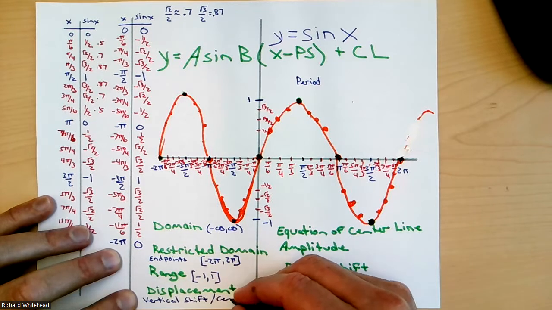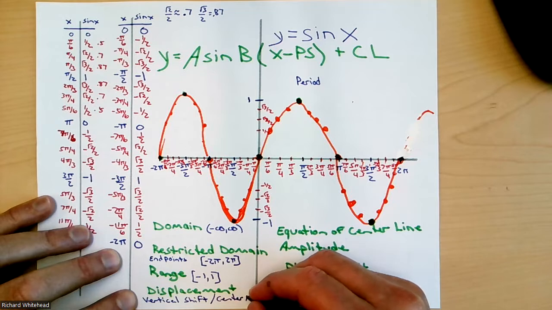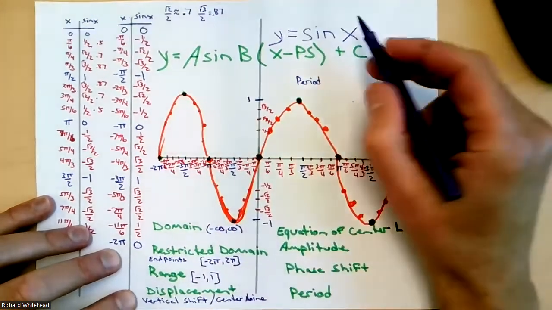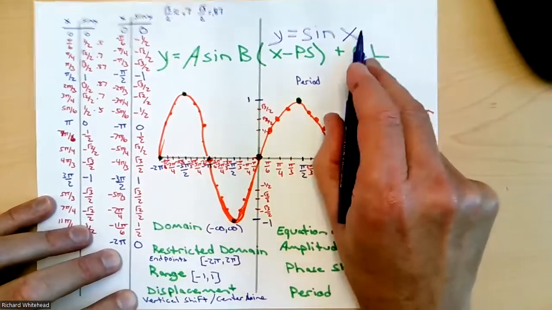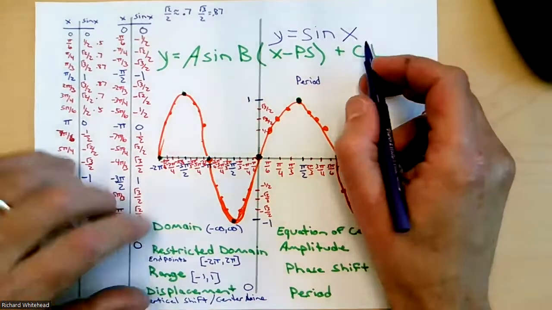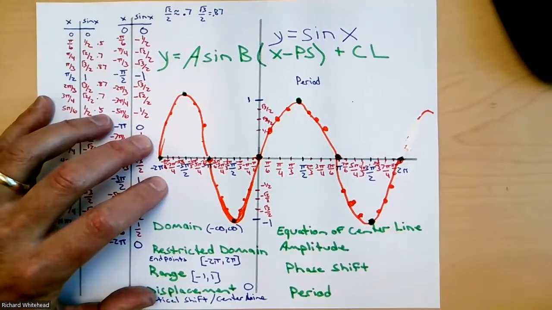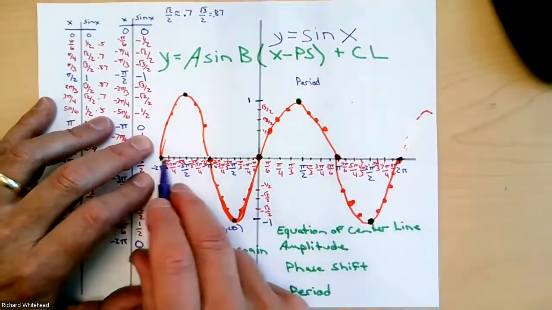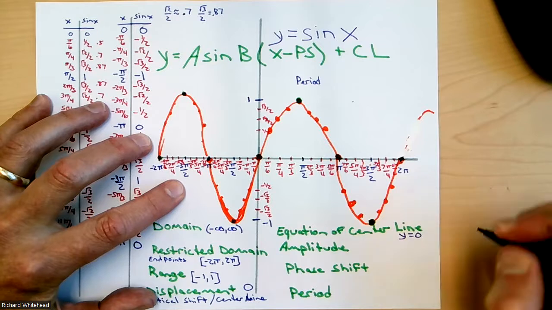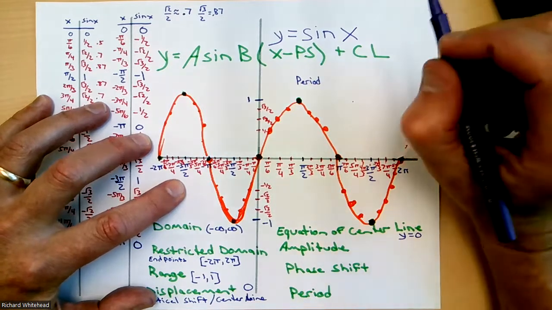They are affected by the center line. On this particular problem, just plain old sine x, there's nothing added out here. So in this case, the displacement is 0 because it's not moved up or down. The center line is still at the x-axis, which is still y equals 0.